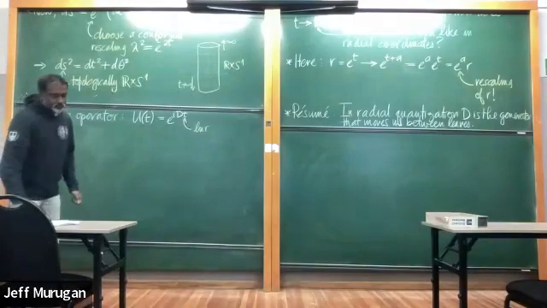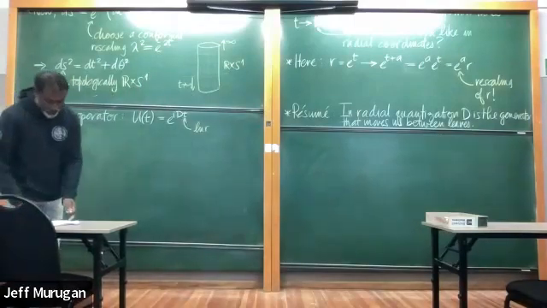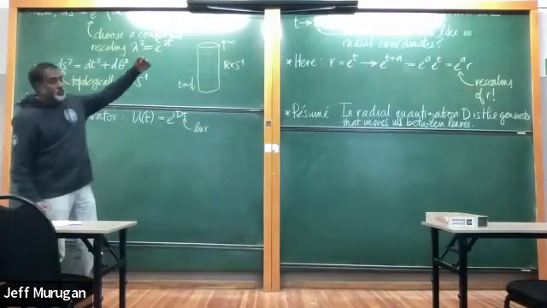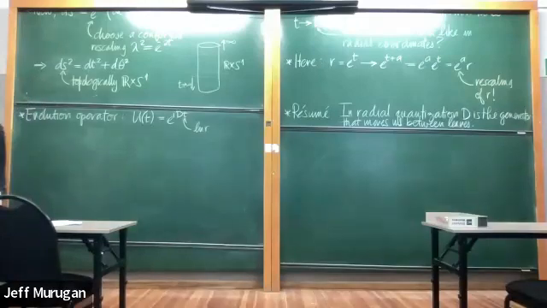And again, U of t is a symmetry in a CFT, which means that the Hilbert spaces associated to each of those leaves in the radial foliation are the same Hilbert space.